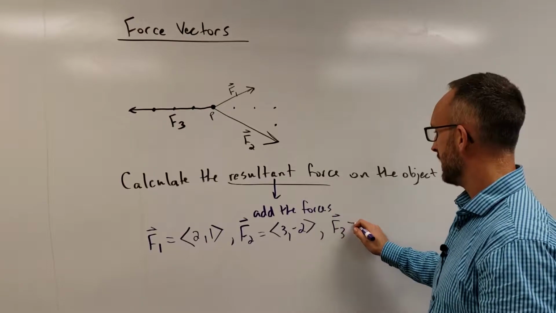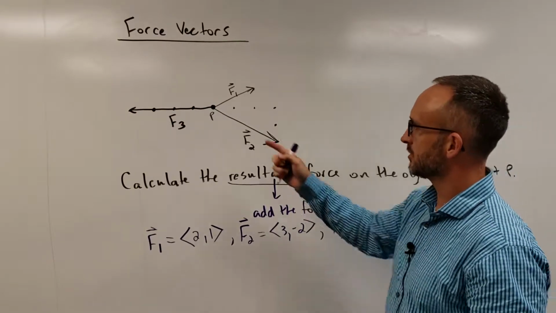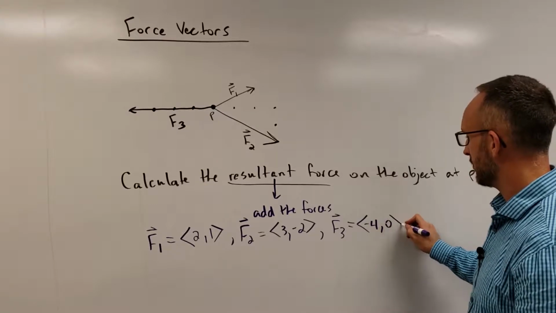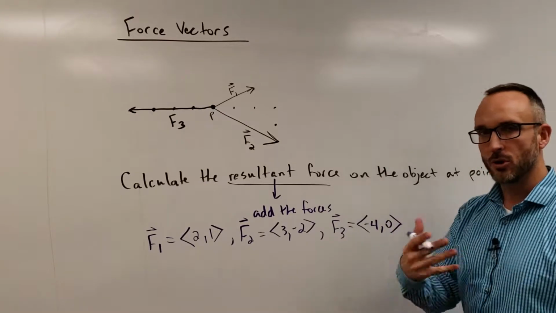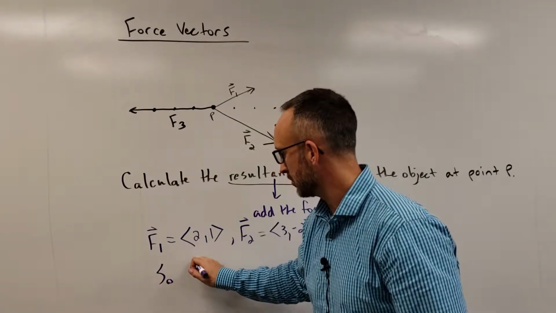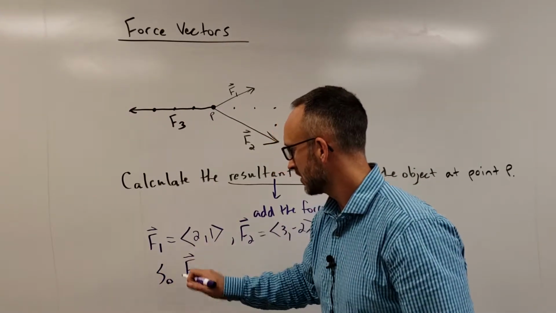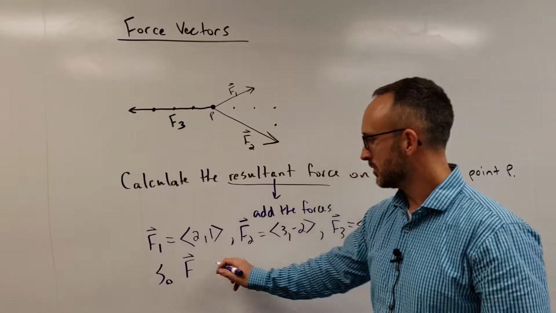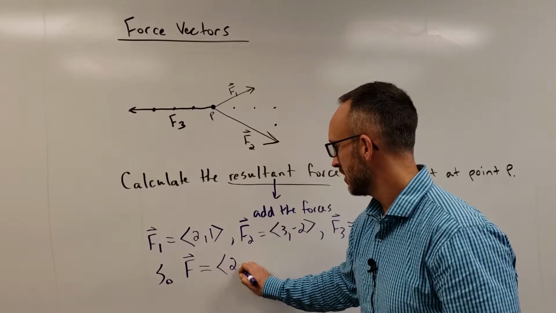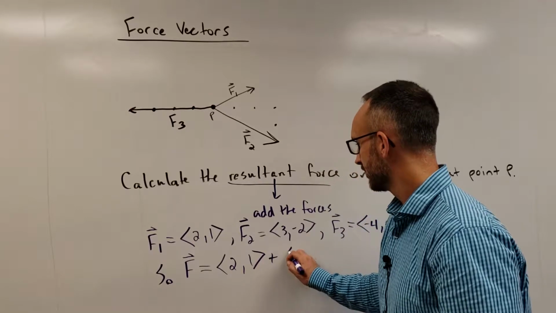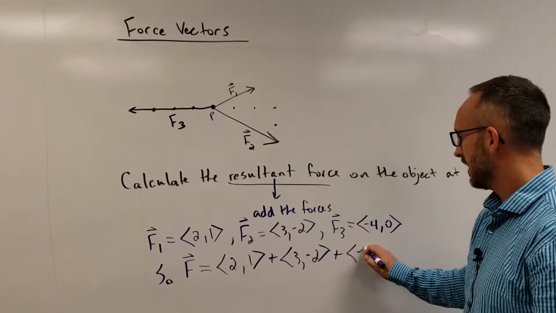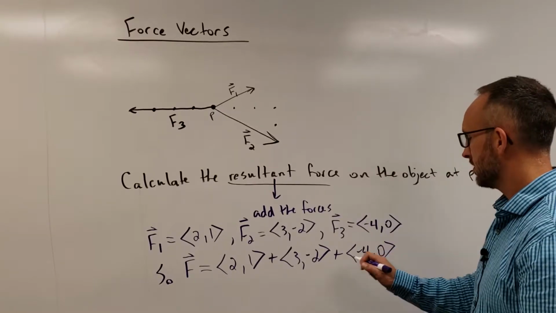Finally, F sub 3 has a horizontal of negative 4 and a vertical of 0. So the resultant force, let's call it just capital F, will simply be the sum of these forces: 2, 1, 3, negative 2, and negative 4, 0.